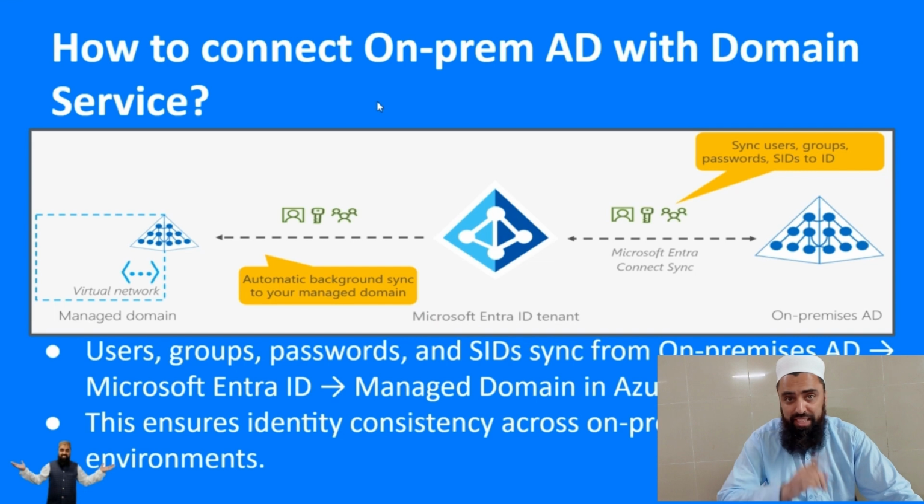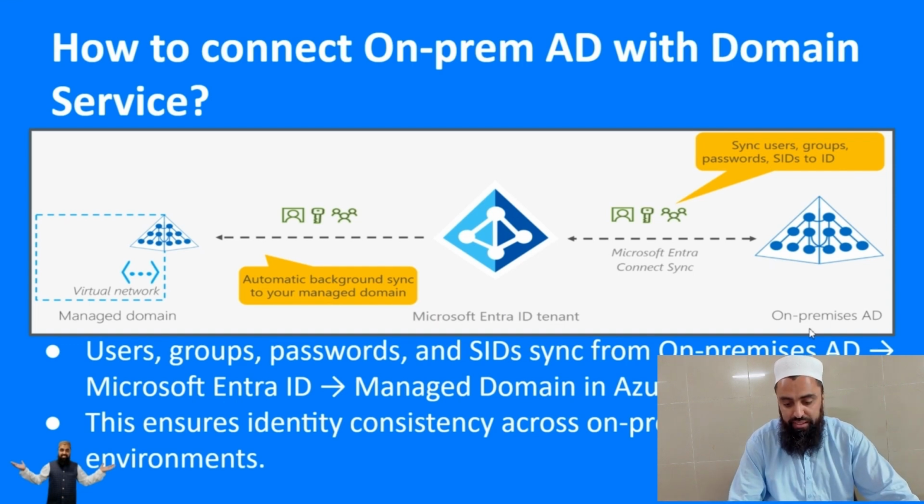So you must have a question in your mind: how can we connect our on-prem Active Directory with the domain service, or with Microsoft Entra ID? Now you can see here Microsoft Entra ID is playing a central role. It is combining our on-prem devices and our on-prem infrastructure with the cloud.